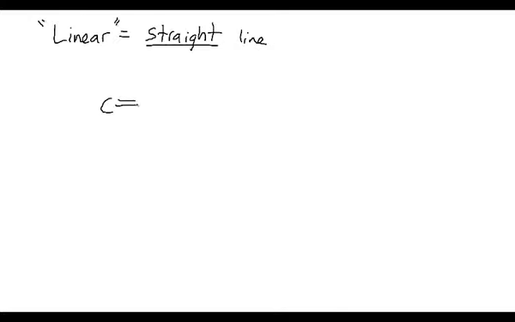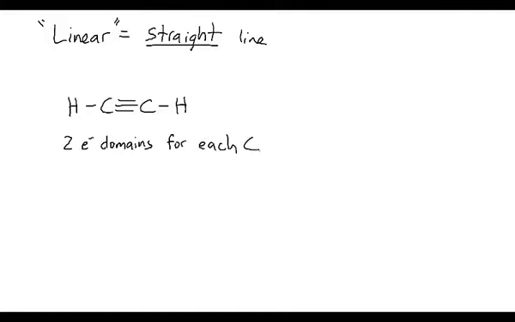So we have a molecule like this. Here there are two domains for each carbon. And when you have two domains, how do you get two things as far apart as possible? Well, they have to be directly across from each other. So this would be linear.